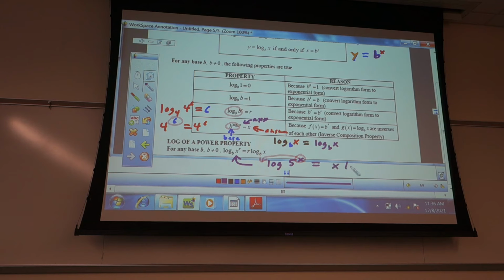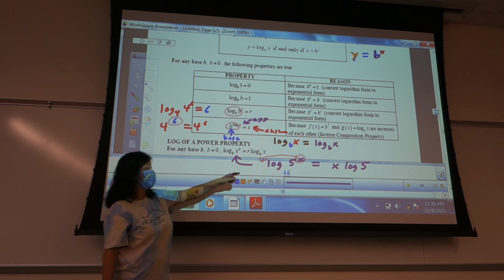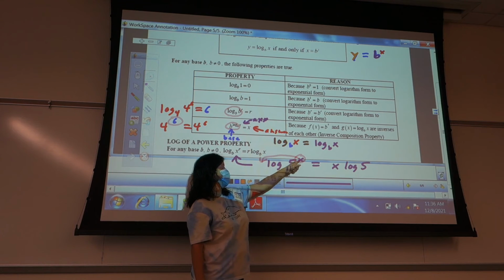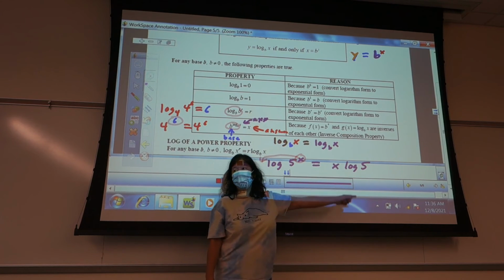X times log 5. And we'll be using that a lot. It's that nifty trick: if you're taking a log of something with an exponent, you can take that exponent and just move it in front instead. It's the same thing.